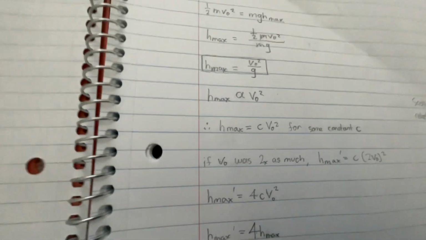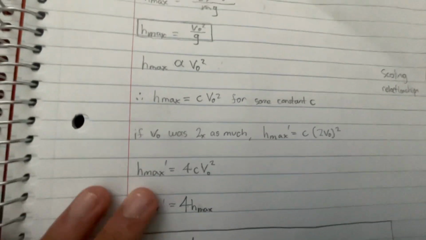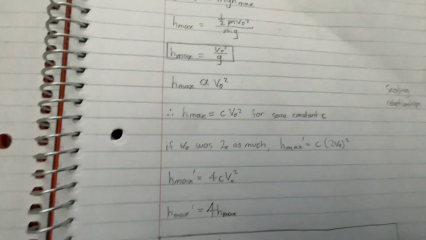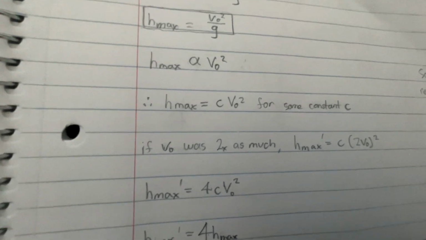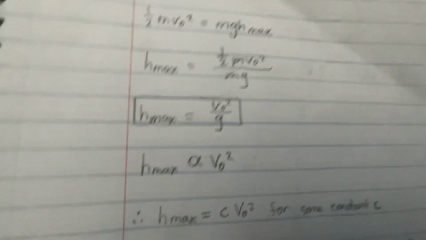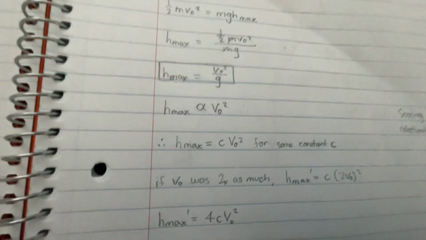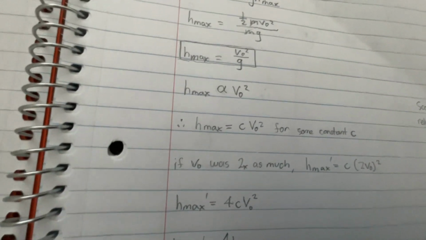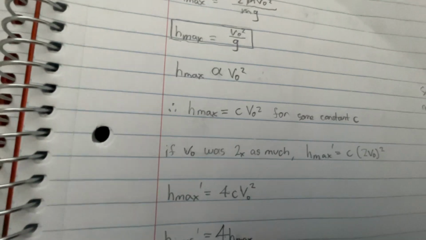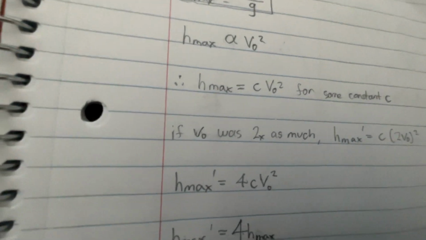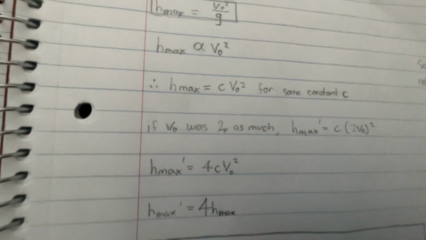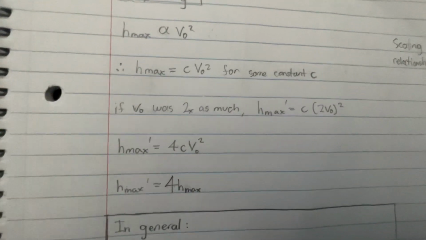Now, a slightly different concept: h max and v naught squared are proportional, because 1 over g is a constant. g is always 9.81 or 10, whatever, if you want to do rounding, and depending on where you choose the direction, but it's always the same, on Earth at least.